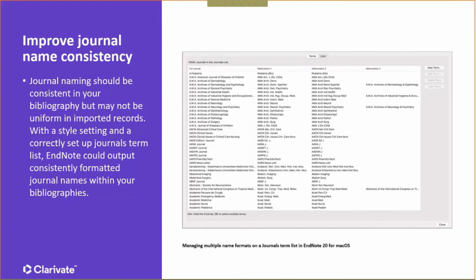So just as an example, let's say in your EndNote library records, you've got full journal names, but you're going to be submitting a research project to a journal that requires abbreviated names. So long as you've defined those journal names and their abbreviations on your journals term list, EndNote would be able to substitute those terms and help to increase the overall consistency with regard to the journal naming conventions that are being displayed in your formatted bibliographies.